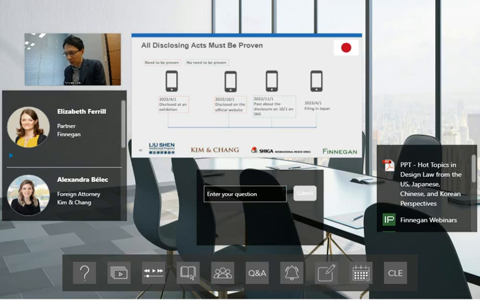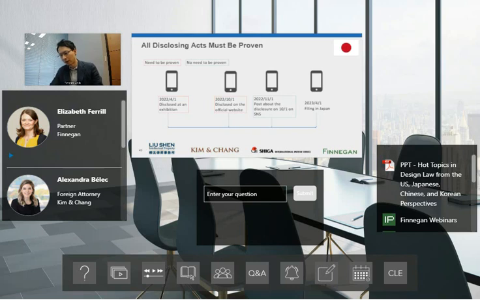So it is permitted to omit the disclosure on November 1st. So namely, it is necessary to prove all independent disclosing acts. So under the current practice, it is necessary to prove two disclosing acts, namely the first disclosing act on April 1st and the disclosing act on October 1st.